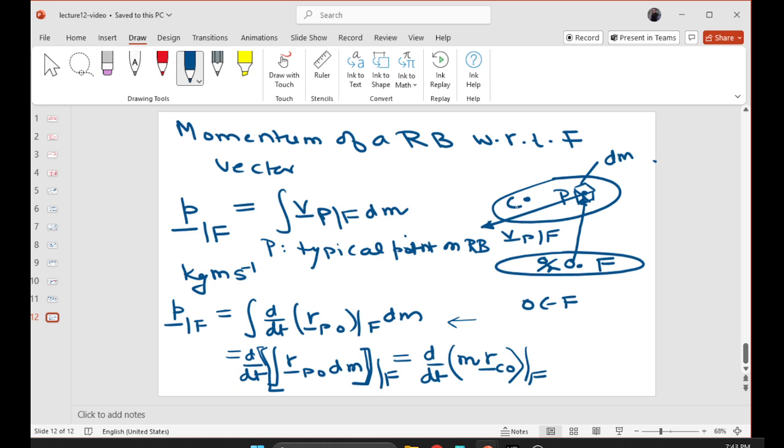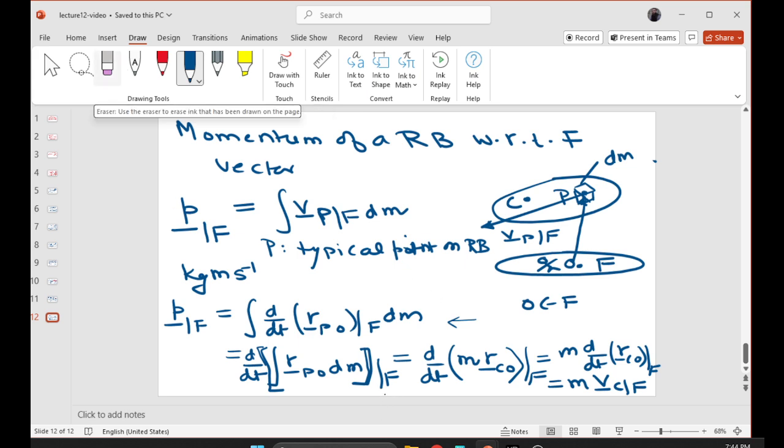The center of mass may be lying here in general. And since mass is not changing with time, this becomes the rate of change of the position vector of the center of mass, which by definition is the velocity of the center of mass of the body with respect to F.